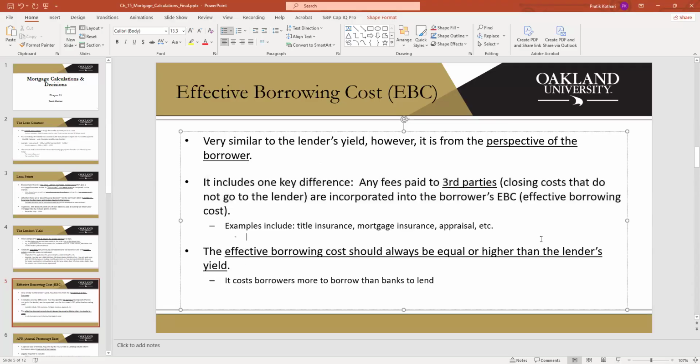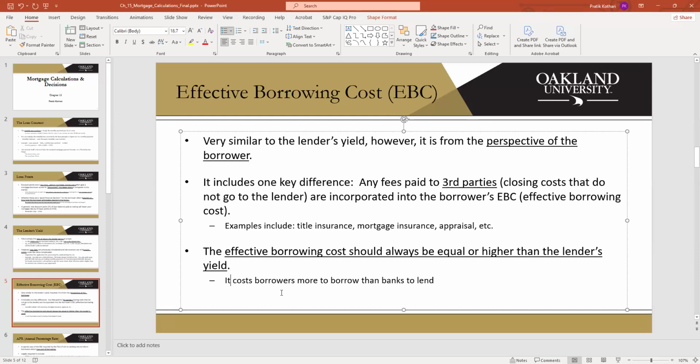Okay. Generally speaking, the effective borrowing cost will always be higher than the lender's yield. This is because all these other things start showing up in the borrowing costs that are not going to the lender. So usually the effective borrowing cost is higher than the lender's yield, or at least equal to the lender's yield, if nothing else.